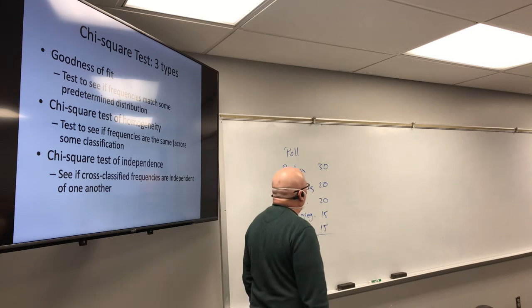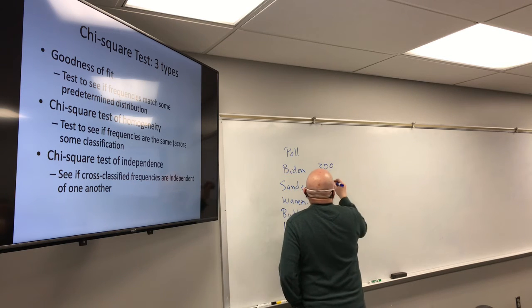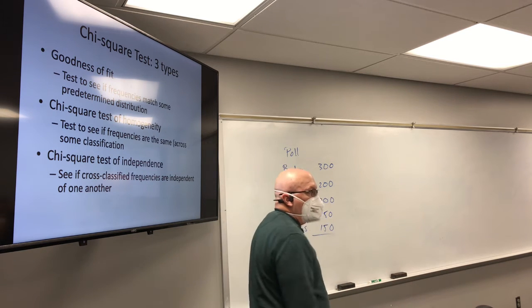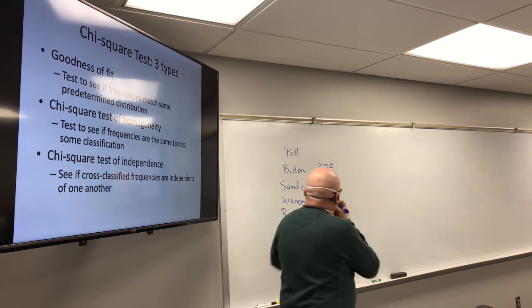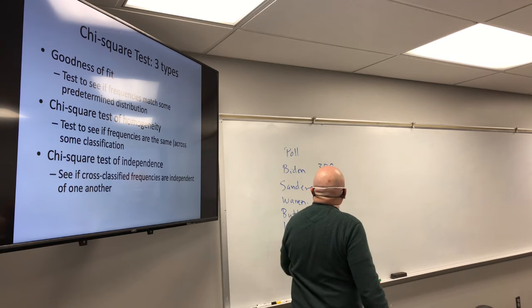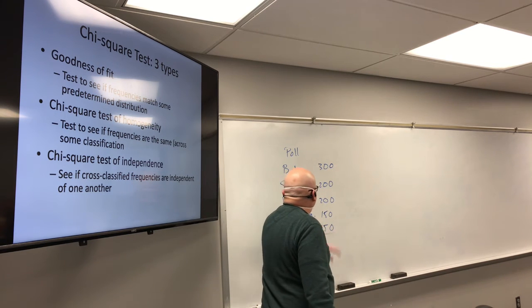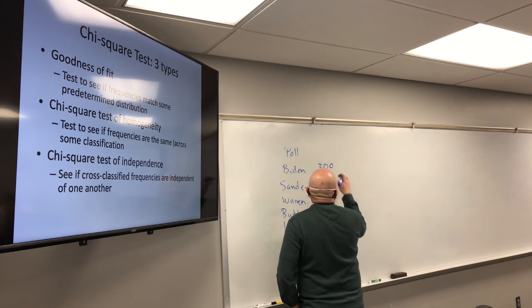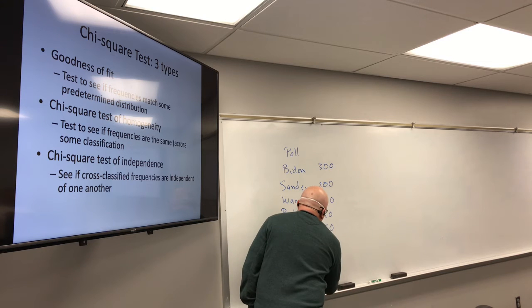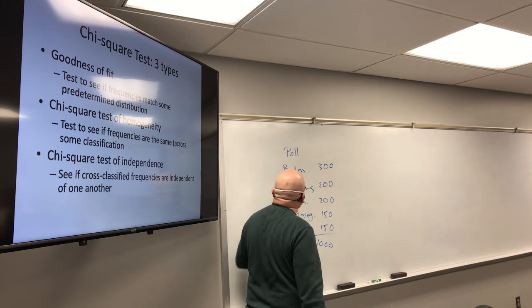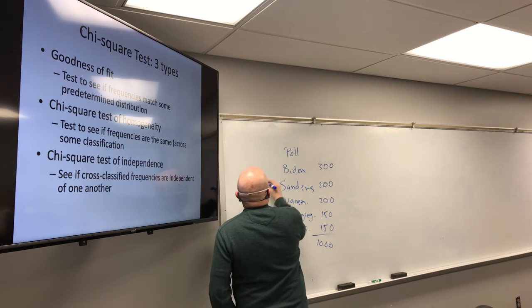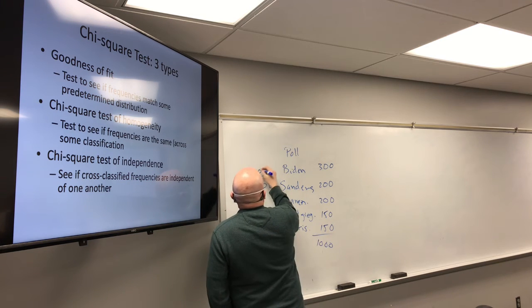Let's say that this was the poll, so that we asked 1,000 people what their preference was. 300 of them chose Biden, 200 chose Sanders, 200 chose Warren, 150 chose Buttigieg, and 150 chose Harris. That's 500, 700, and 1,000. That's 1,000 individuals. There's 1, 2, 3, 4, 5. 1,000 divided by 5 is 200.